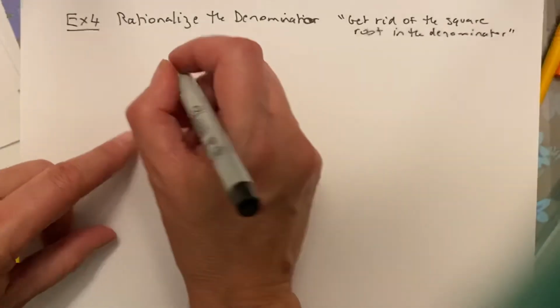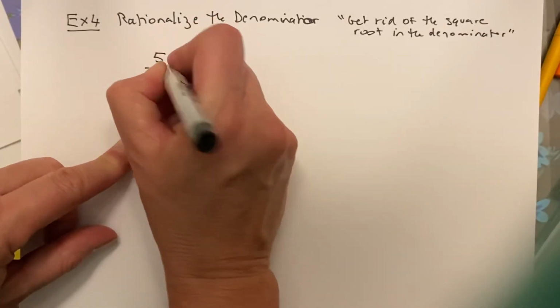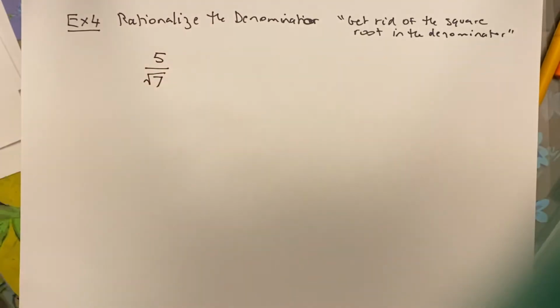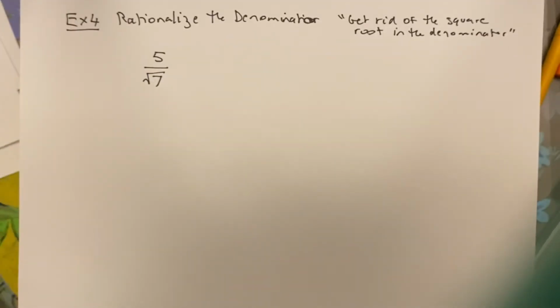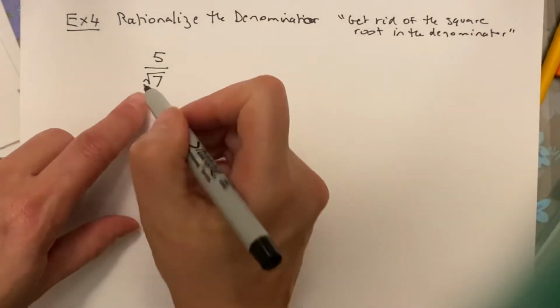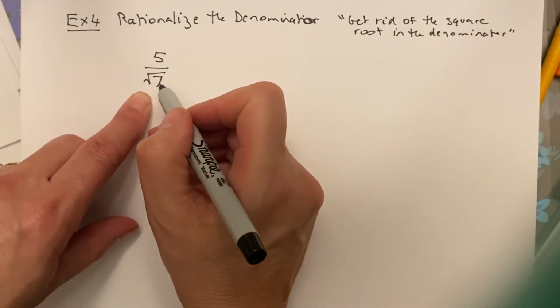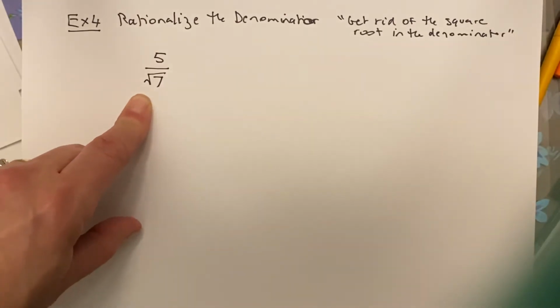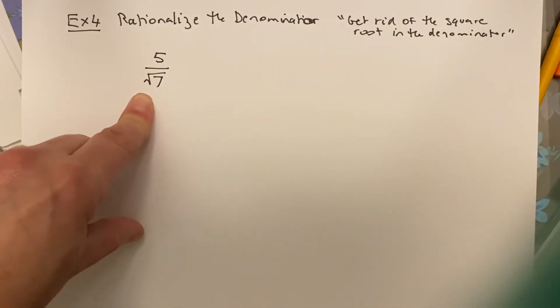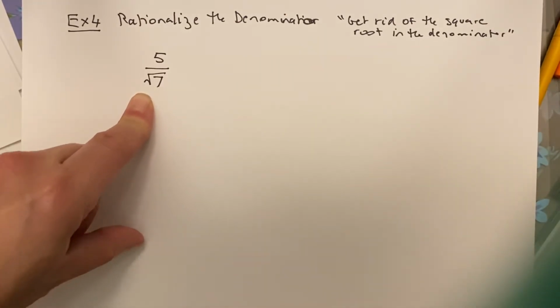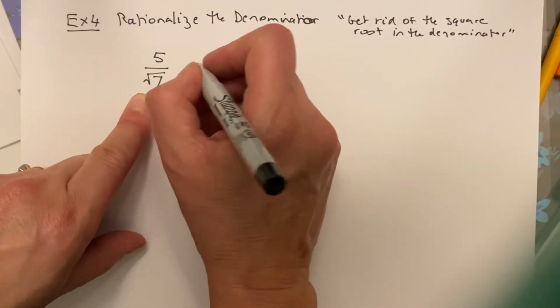That's all that it is. So if I have 5 divided by the square root of 7, you'll remember the phrase, there can never be radicals in the basement, right? You can never ever leave a square root on the bottom of a fraction. It's just not allowed in math. So what do we do? We've got to get rid of it.